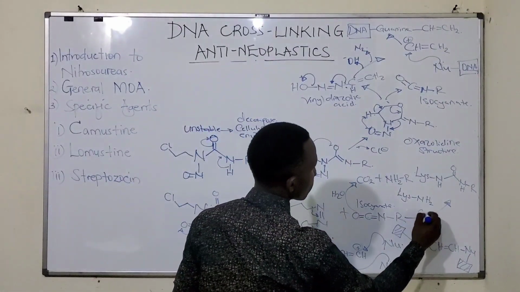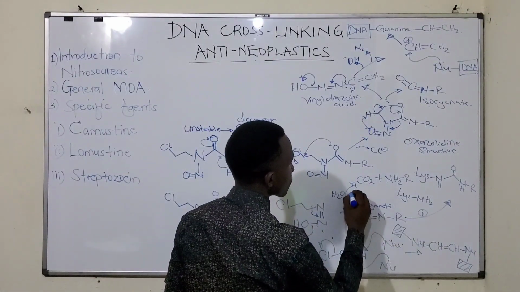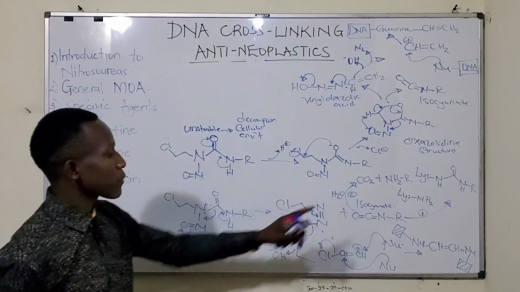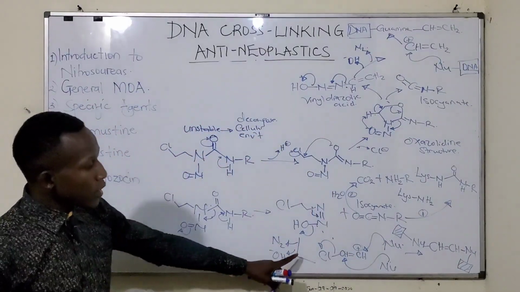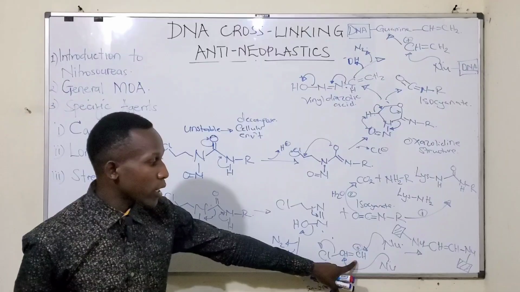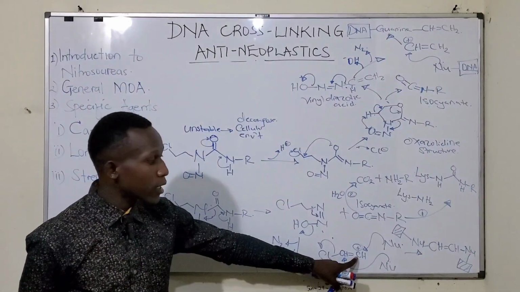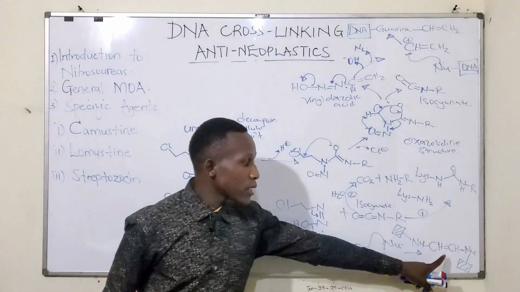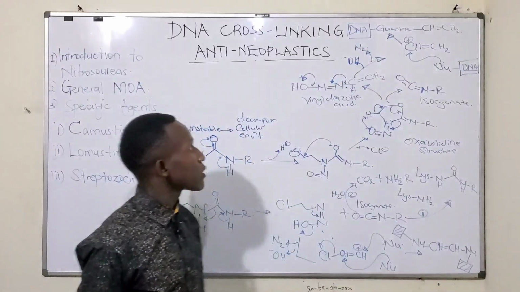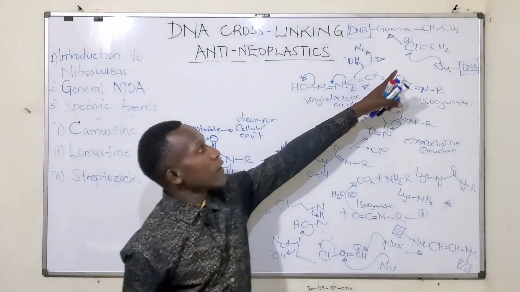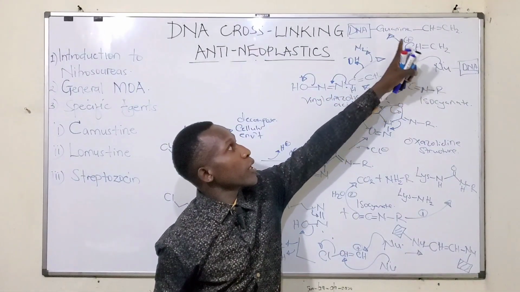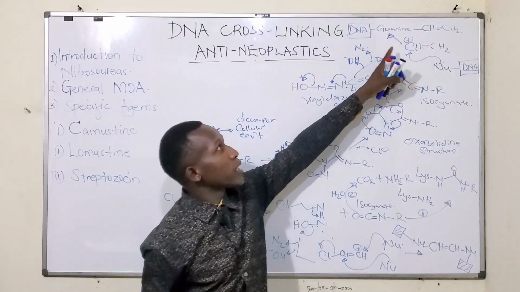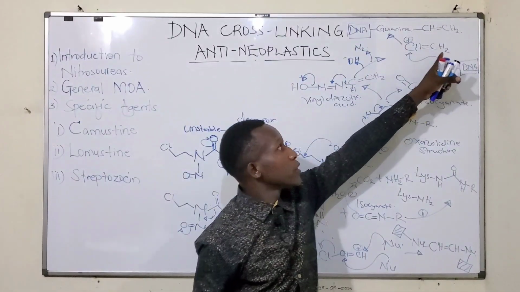So this is one of the pathways for isocyanate. This is the second pathway. Here we are forming the chloroethyl carbocation, which alkylates the 2 DNA molecules. And here we form the vinyl carbocation, which alkylates the DNA and can alkylate 2 DNA molecules.